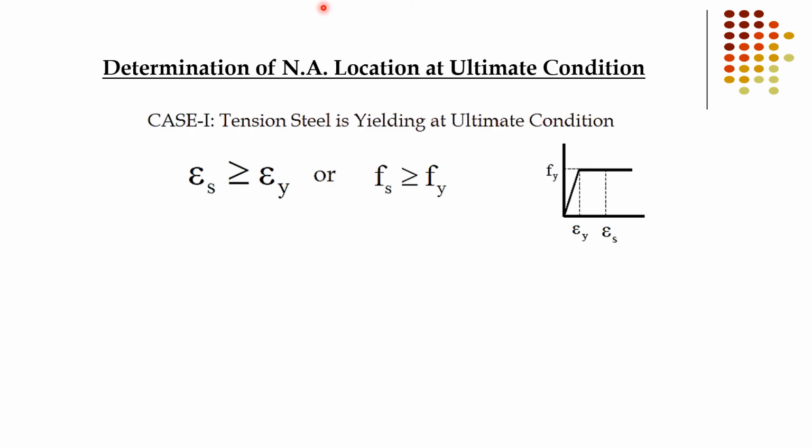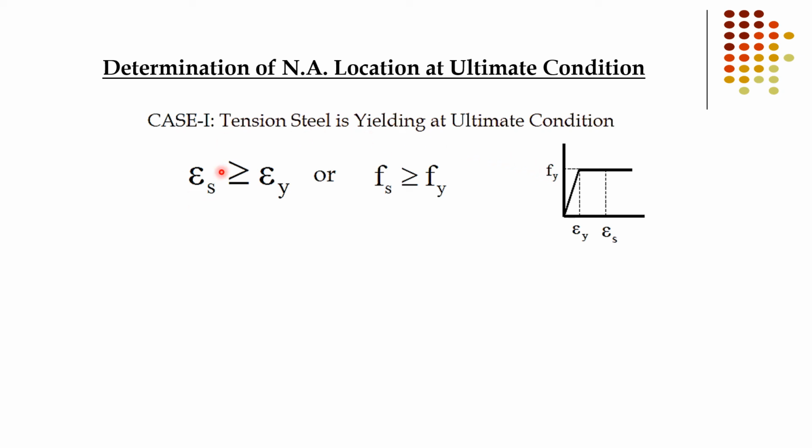Now I will discuss how to calculate the neutral axis location, means how to calculate the C and A in the ultimate conditions. Case 1, tension steel is yielding at ultimate condition, means the stress in steel is greater than or equal to Fy, it means steel is yielding.